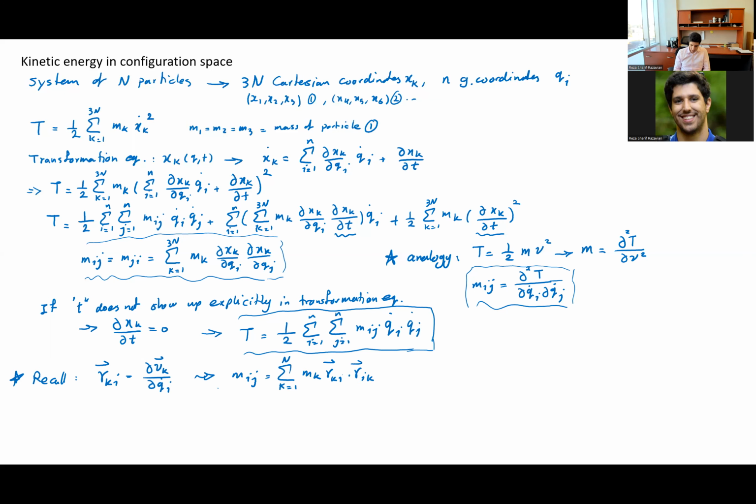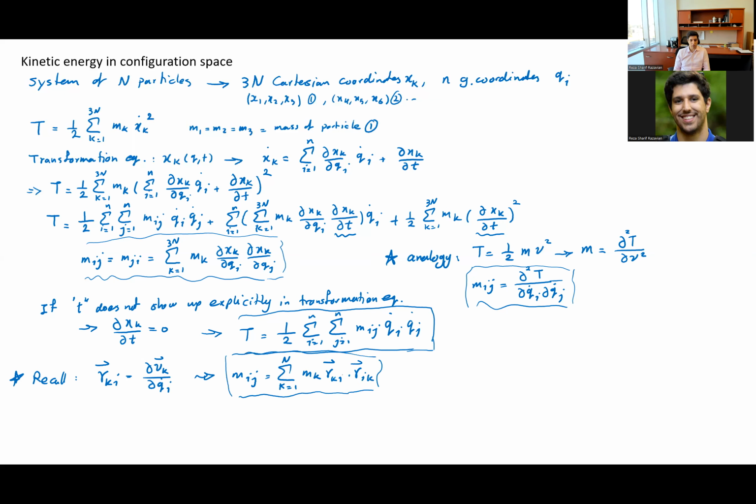Using this, we can also write the kinetic energy in terms of these gamma terms.